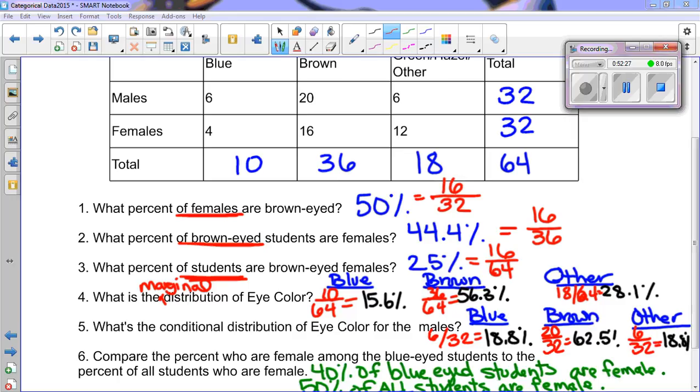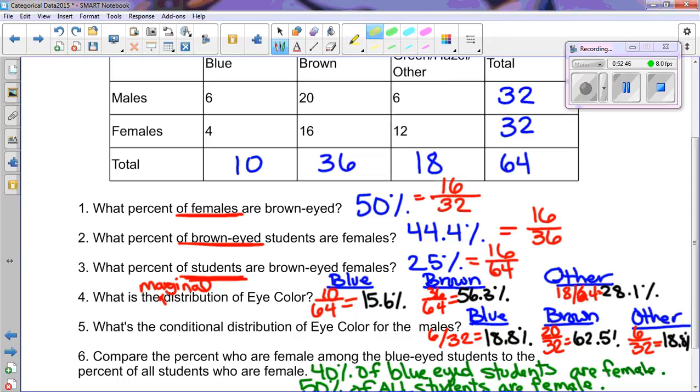Now, in order to be able to compare them and answer question 7, because question 7 said, is gender independent of eye color? What am I comparing to answer that question? Well, remember, we're comparing apples to apples.